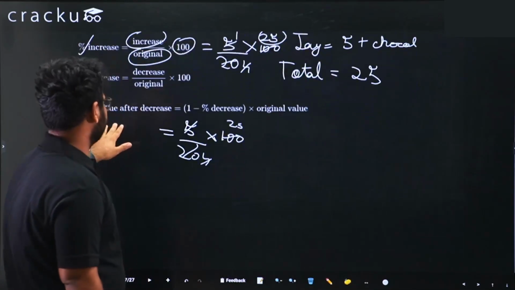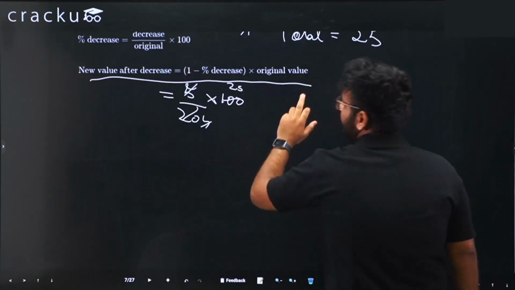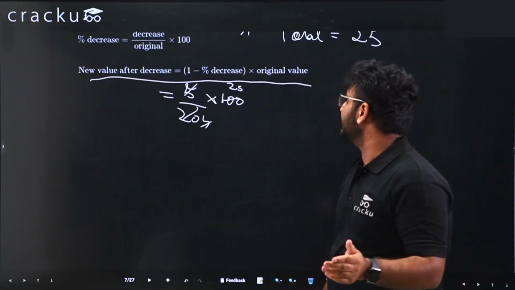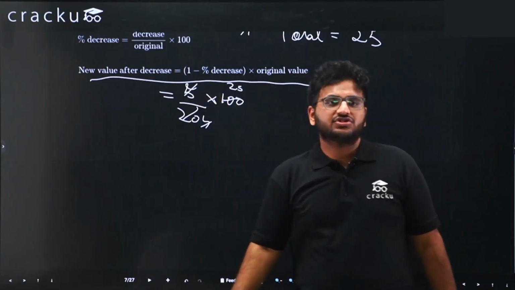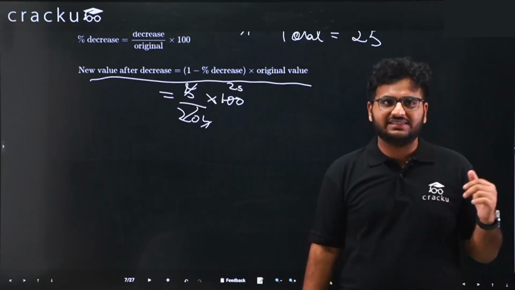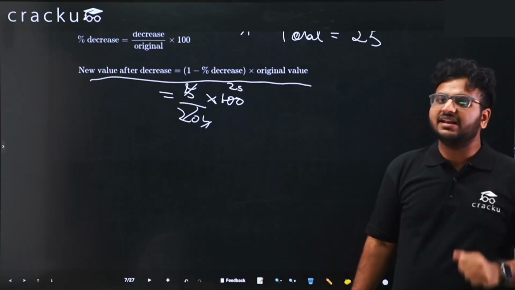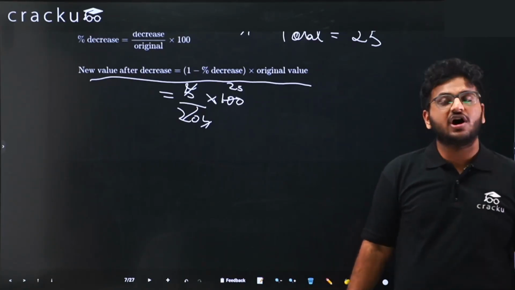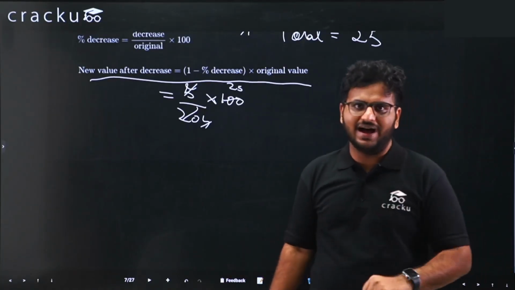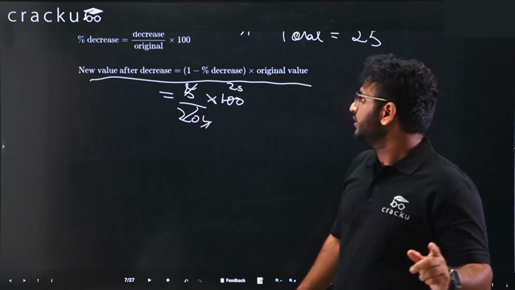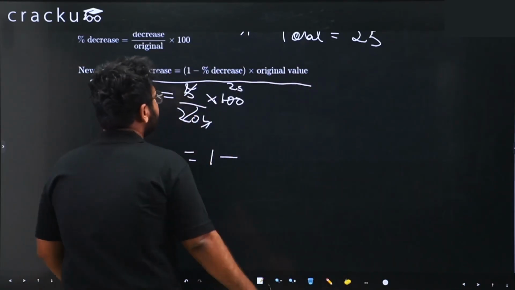Let us take another example. So see, the new value after decrease is equal to 1 minus decrease percentage into original value. Let us see an example of this formula. So I was scoring 50 marks in my exam, but due to increase of my mischief, my score decreased by 10% in the next exam. So how much score did I get after the decrease in my marks? Okay. So the new value after decrease will be equal to what? 1 minus decrease percent.